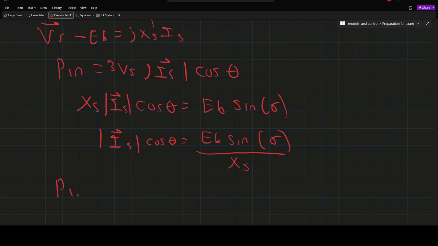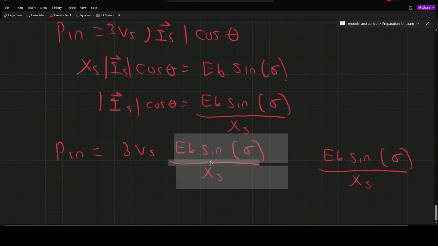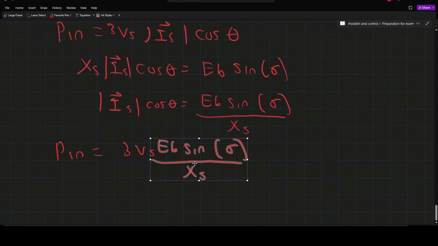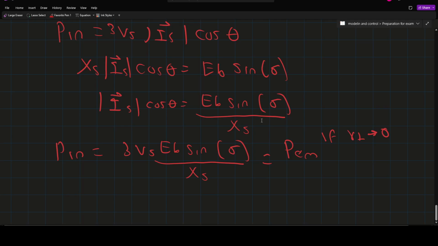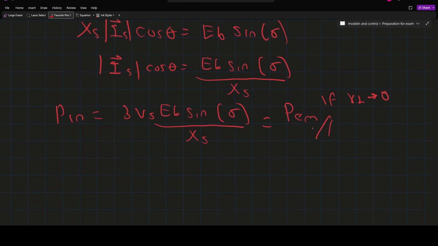So our power in is gonna be 3 Vs times this. And this is what we're gonna call our electromechanical power if R1 is really small. That's the assumption that we have to remember to use this power.